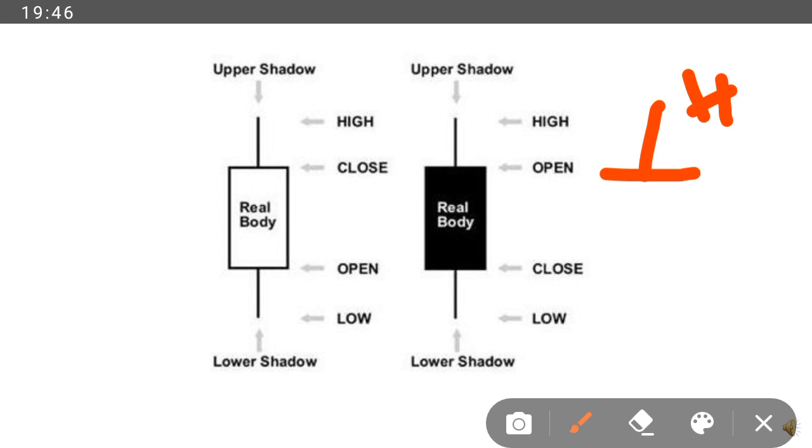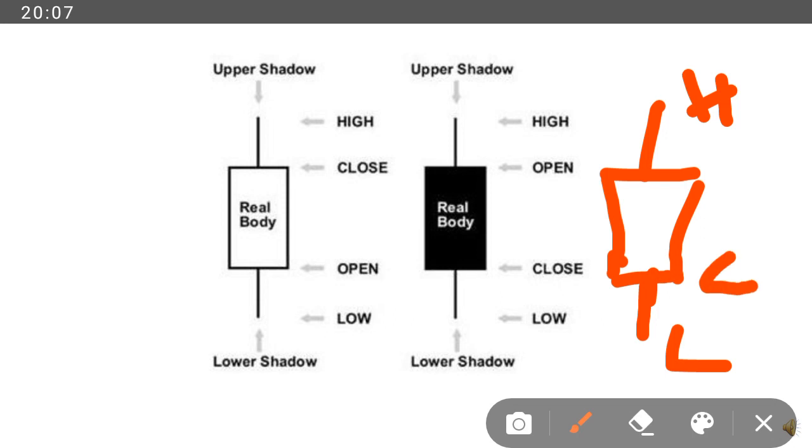You don't need to cram it. So it opened here and went down because it's going down, went down up to this very moment, which is the low, and went up again and closed here. That's the logic.